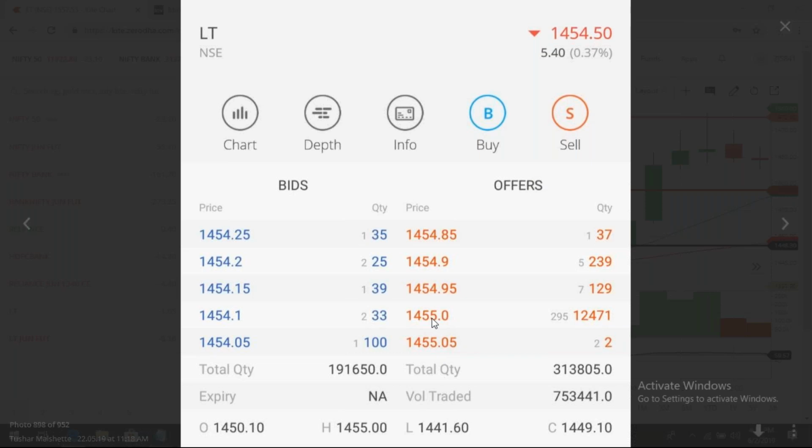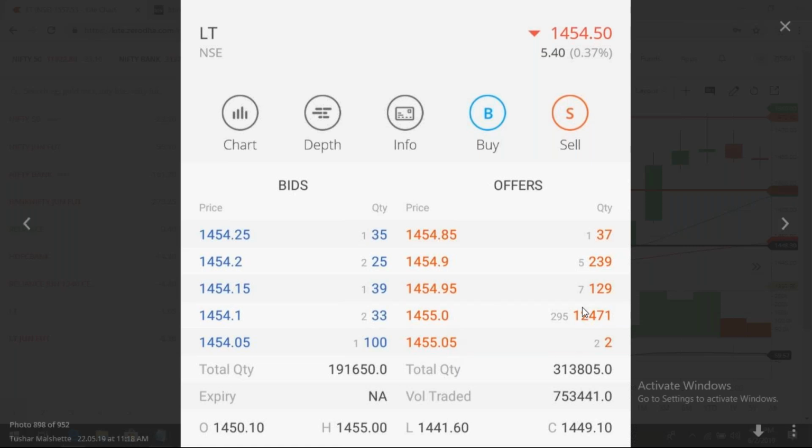put an order to buy at 1455.05. Put an order for one lot, straightforward buy one lot. You can buy futures or stocks, 100 quantity, 200 quantity, whatever you want. And put just a 2-3 rupees stop loss.